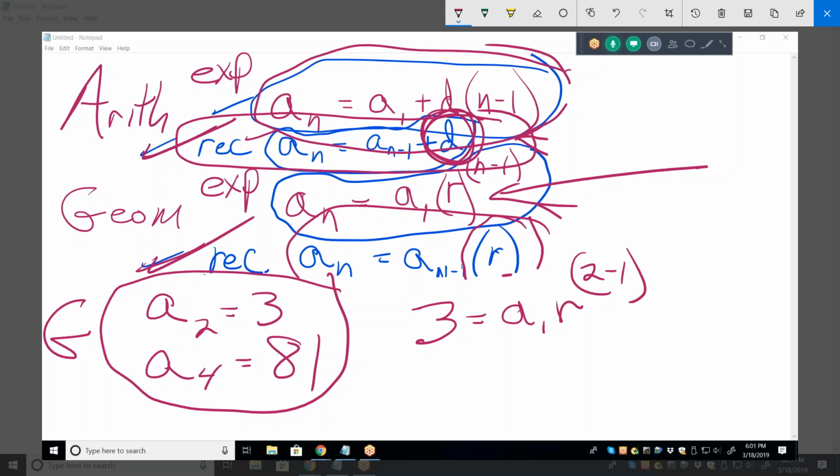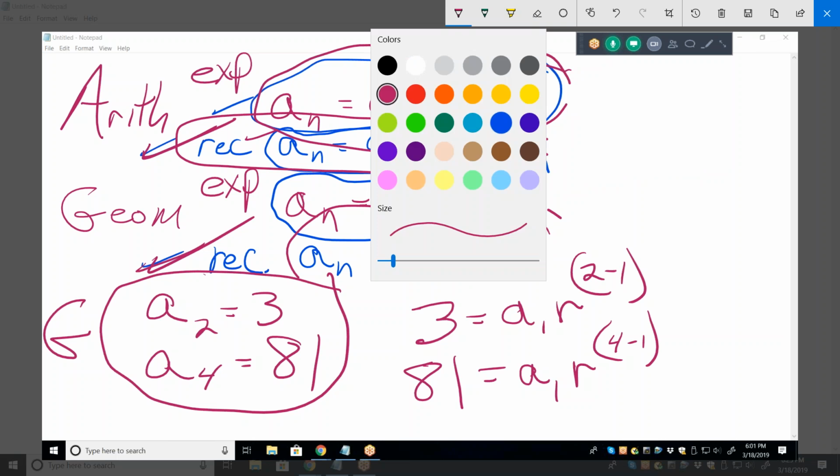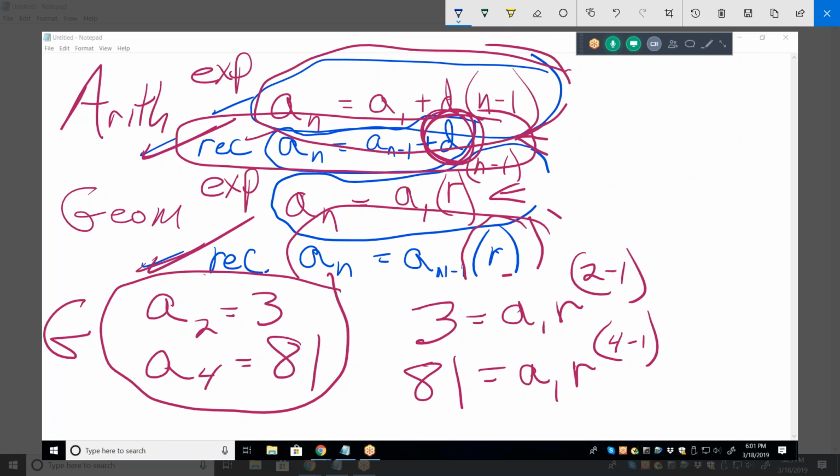And I can also say that the fourth term is a sub 1, which I don't know yet, times the common ratio to the 4 minus 1. So what that gives us, going here in the upper right, is 3 equals a sub 1 times r, and 81 equals a sub 1 r to the third.